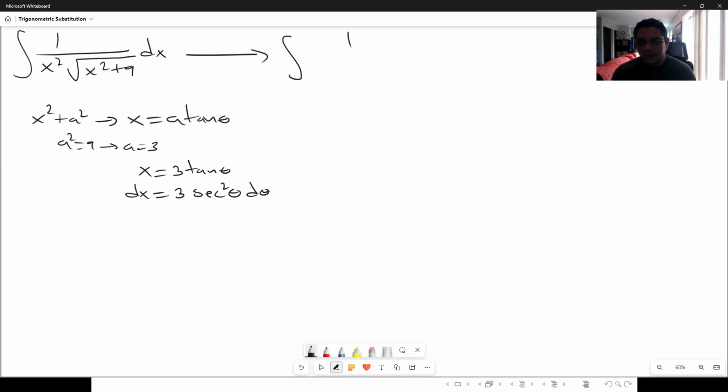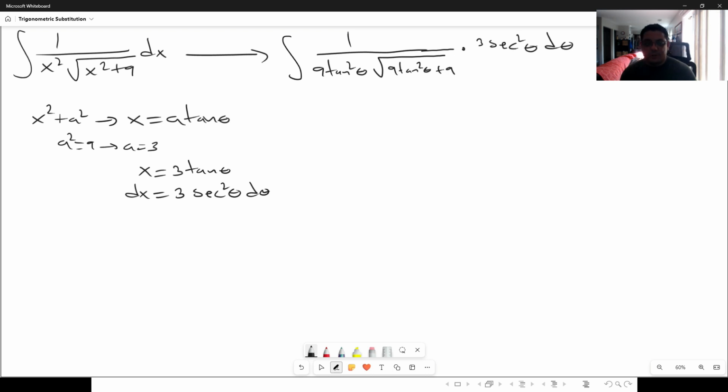Doing that transformation, we get 1 over 9 tangent squared of theta, times the square root of 9 tangent squared of theta plus 9, and then we multiply by the dx, which is 3 secant squared theta d theta.